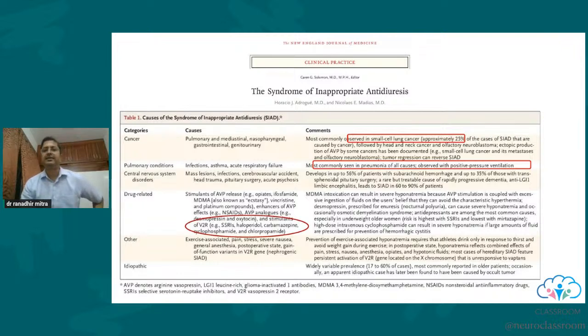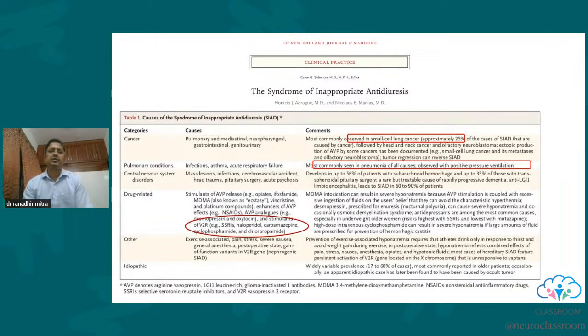Then CNS disorders which can cause ADH hypersecretion are subarachnoid hemorrhage and post-pituitary surgery. In subarachnoid hemorrhage, in 56% of cases there can be SIAD, while following pituitary surgery, in 35% of cases, or one-third, there can be SIAD.